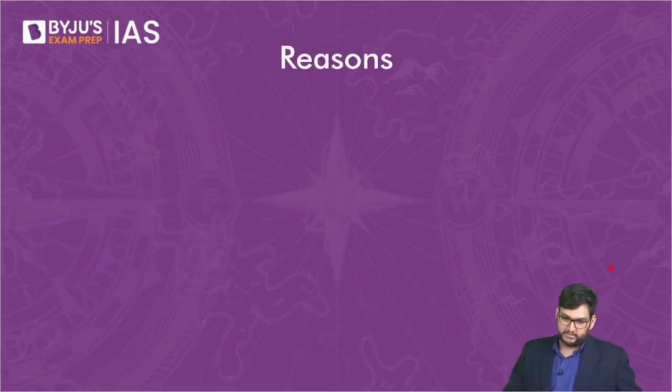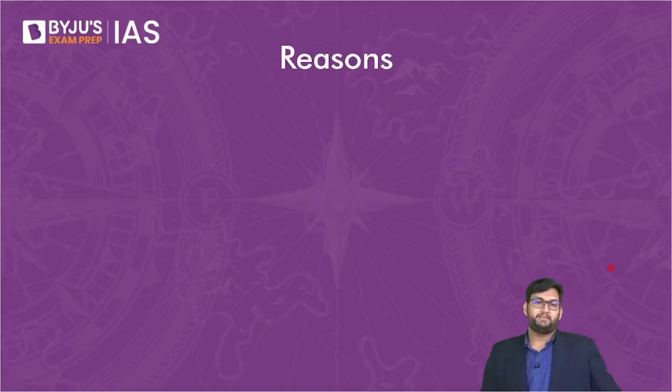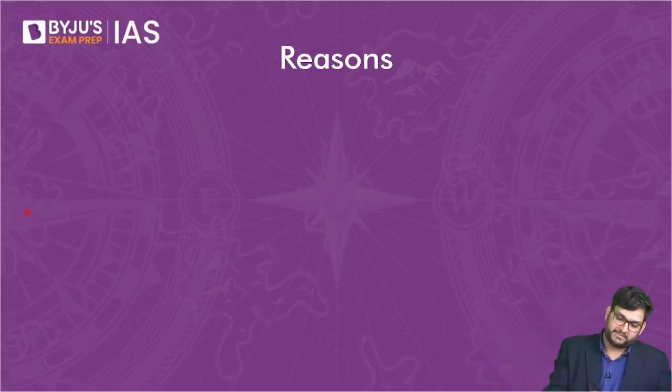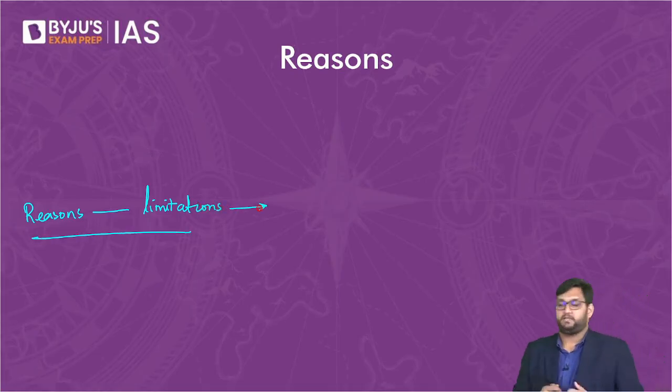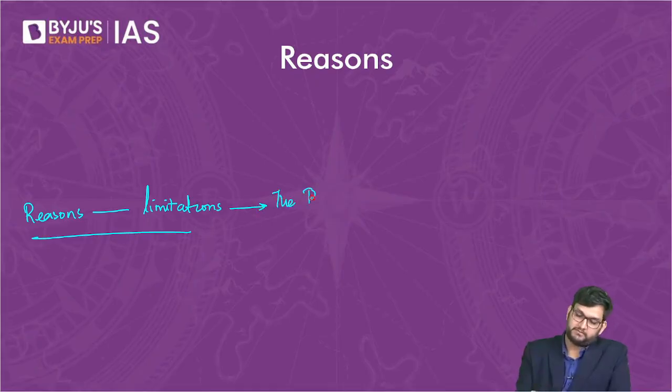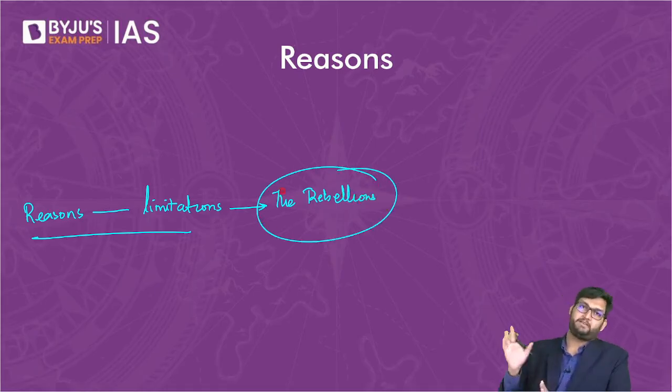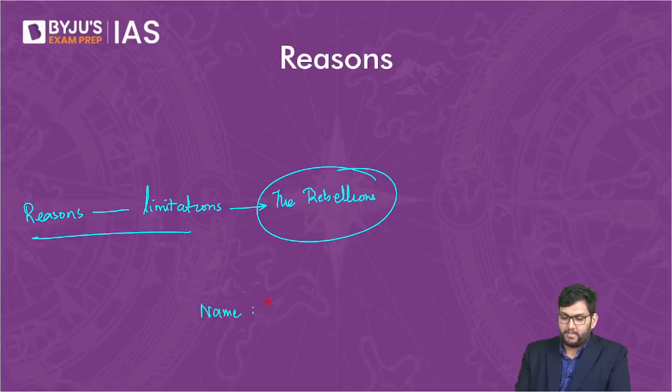Yes, great. So we have done very simply 2-3 very simple concepts. We've discussed the reasons, we discussed the limitations, and now our discussion is going to generally be about the rebellions themselves. And here again, the metric is very simple. We need to know the name of the rebellion and we need to know the main agenda of the rebellion.